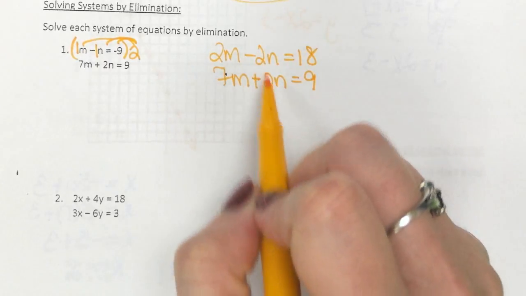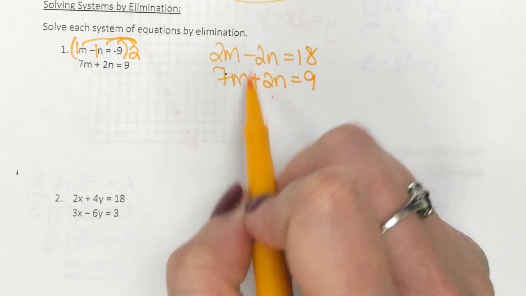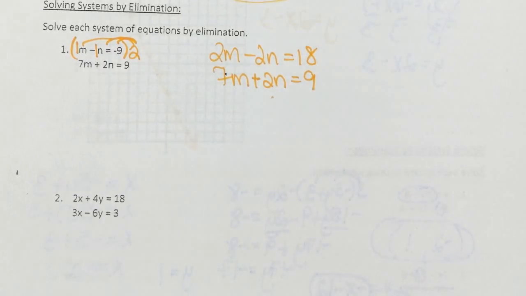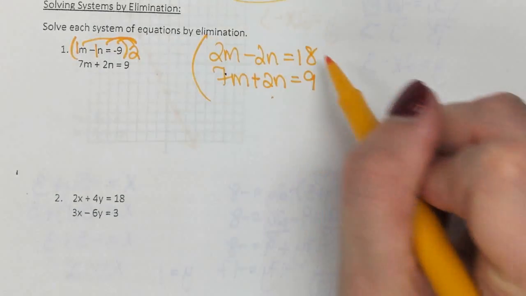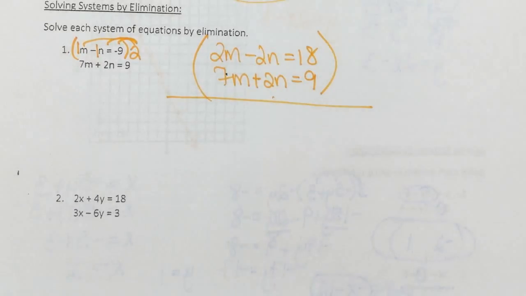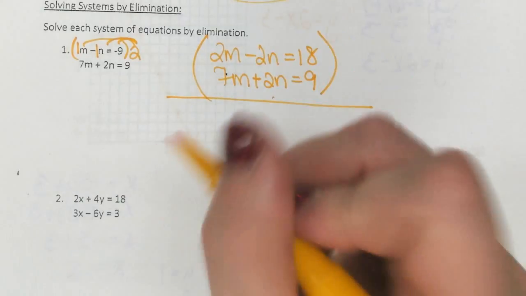Alright, so now they're the same number. The signs determine if we're going to add to get rid of them or subtract to get rid of them. The word is eliminate, which means you need to make them go completely away, which means you need to make them become 0. So would you add negative 2 and 2 to make 0, or would you subtract negative 2? You would add them.